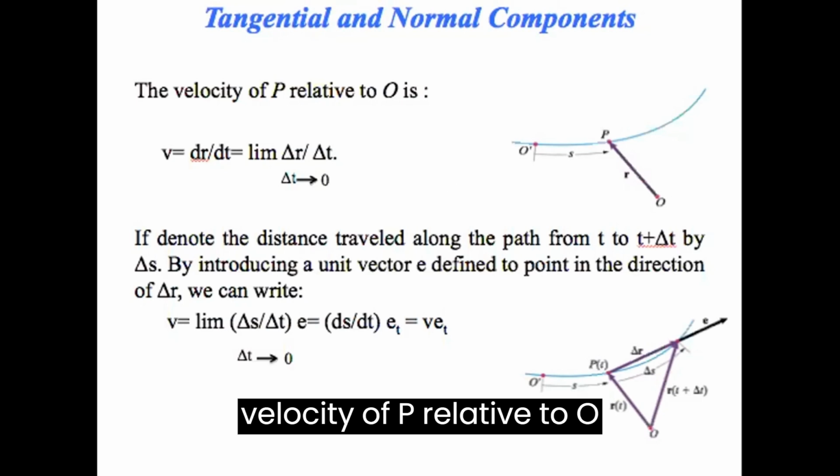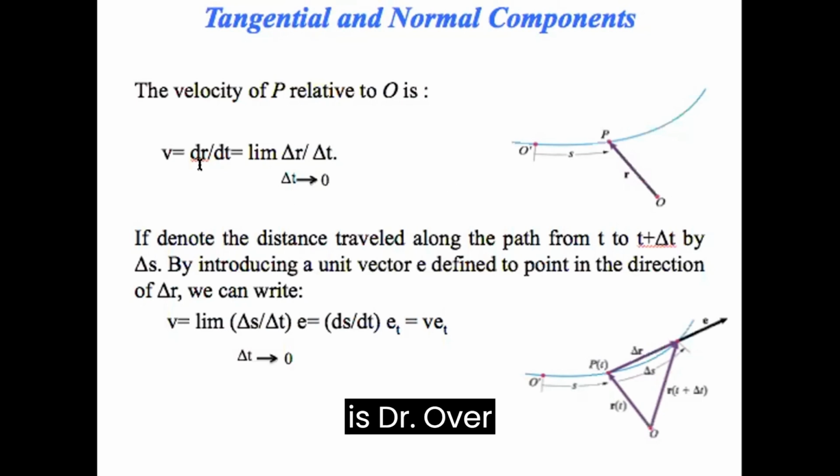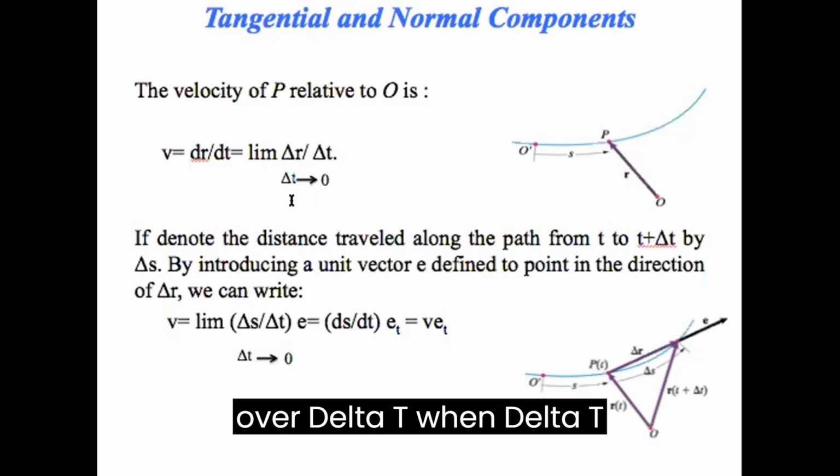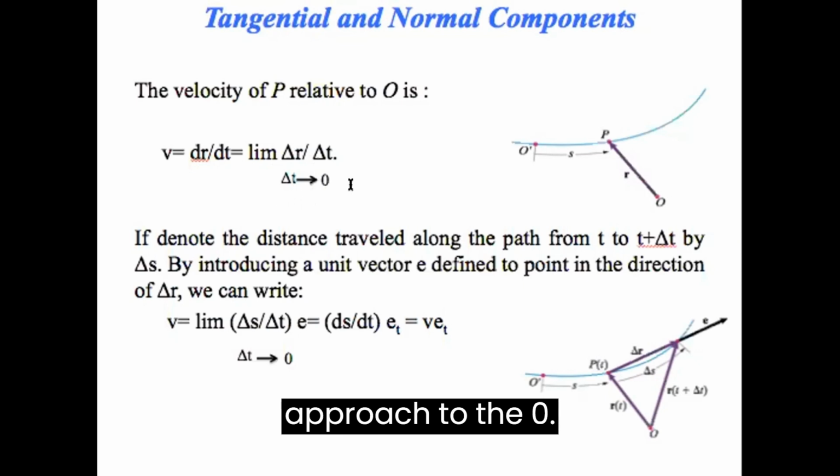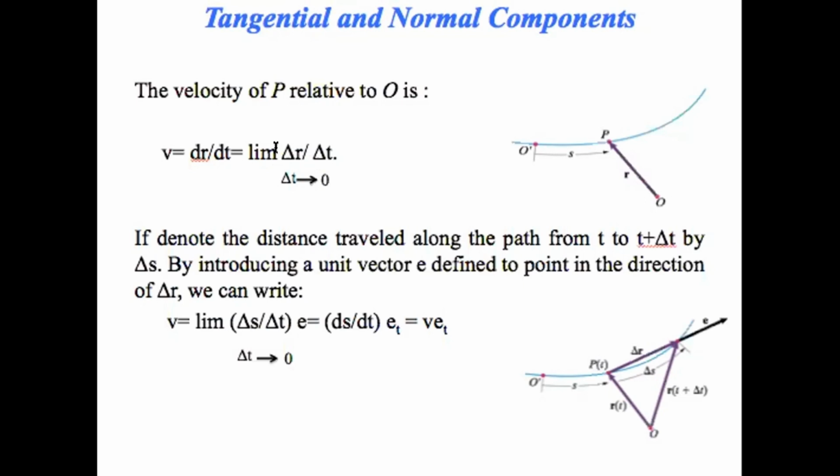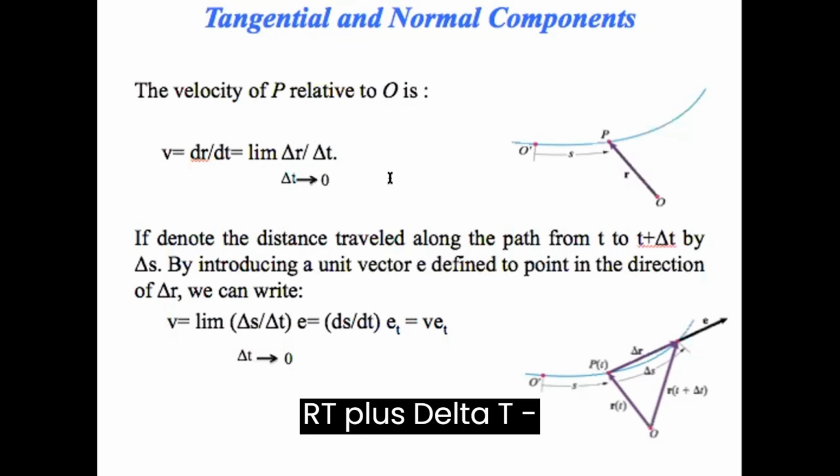The velocity of P relative to O is dR/dt, or delta R over delta T when delta T approaches zero. Delta R is R(t plus delta T) minus R(t).